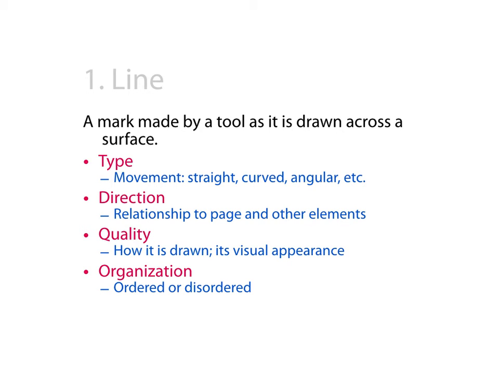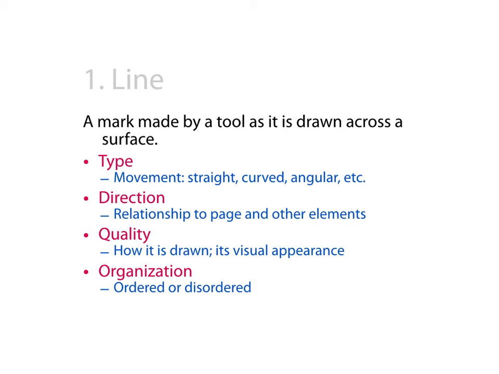Now, coming up with our design exercises, we're going to try to put this into practice with these 20 line variations. So let's think about some ways in which a line can have its own character and look different one from another. So for example, the type of line, its movement. Is this line straight? Is it curved? Is it angular?